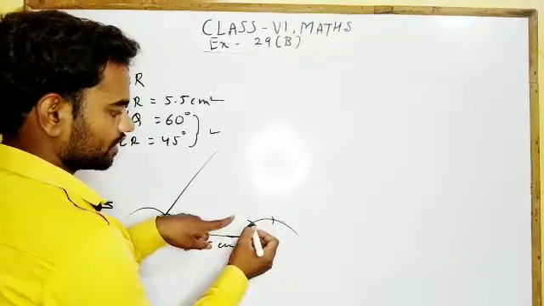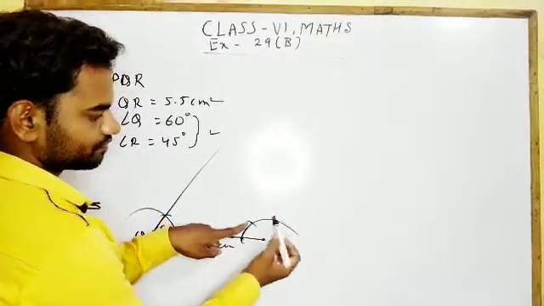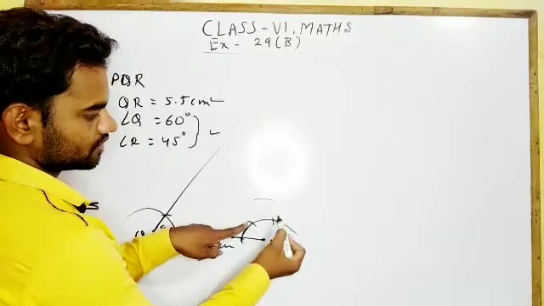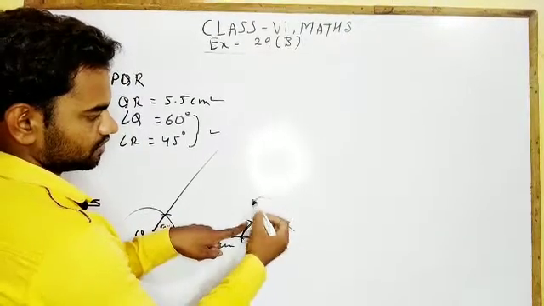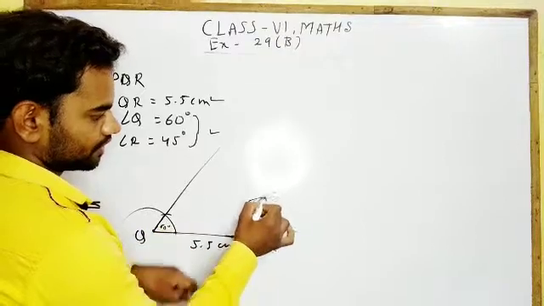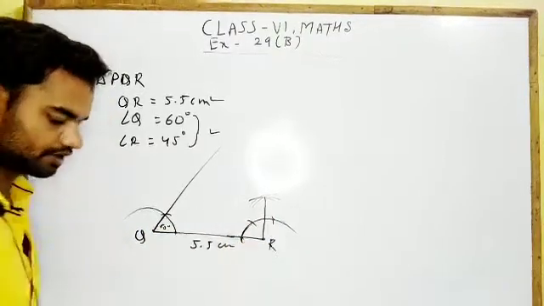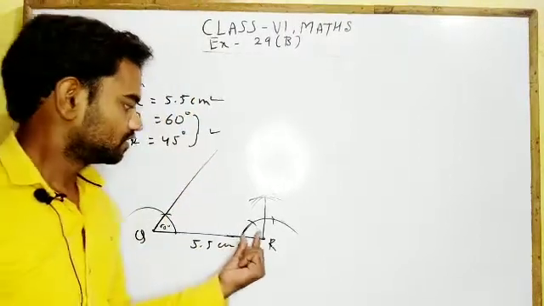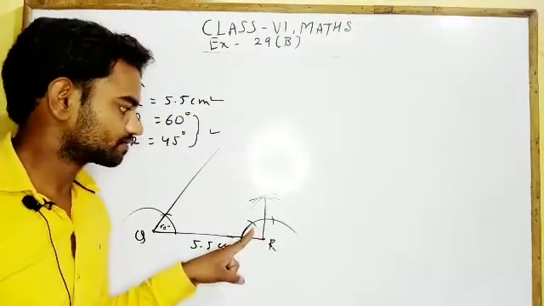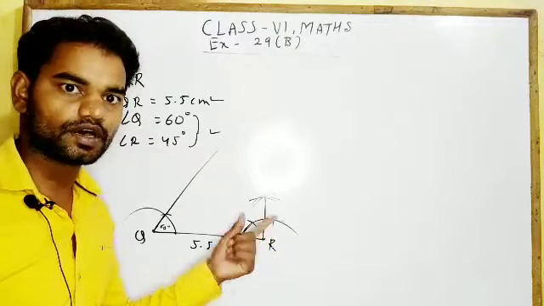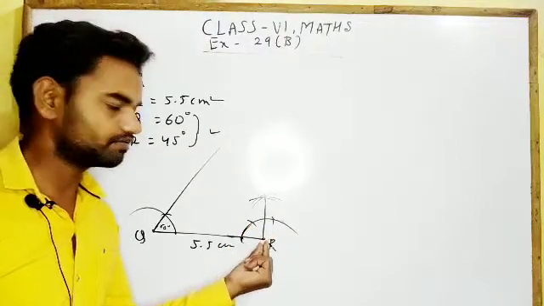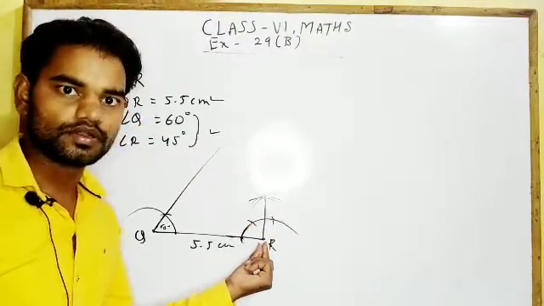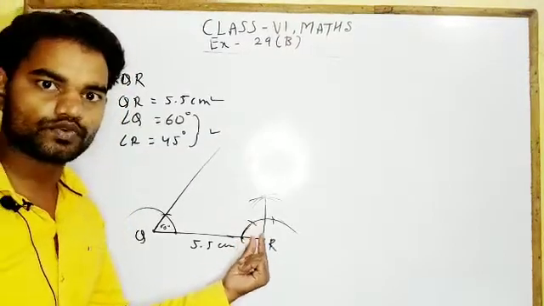Now take the half of 120, and this will be 90 degree. But we want the angle of 45 degree, not 90 degree.